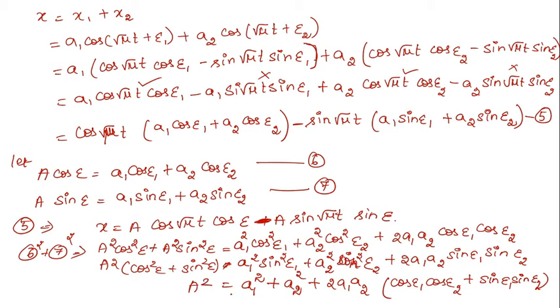So your capital A square is equal to this term. You can write the cross term as cos of epsilon 1 minus epsilon 2. So we get capital A square equal to A1 square plus A2 square plus 2A1 A2 into cos of epsilon 1 minus epsilon 2.